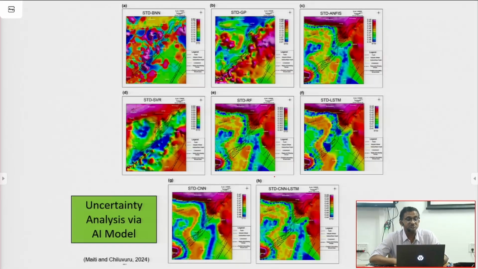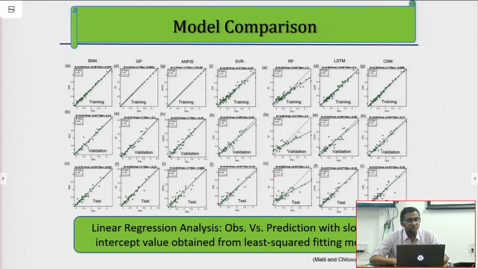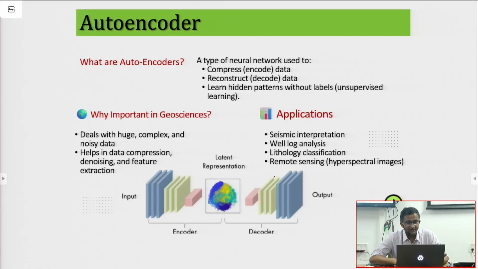You see there are 8 models that have been compared, so they have been learned in different ways. Although the other parameters, the training sample, the number of data during training, validation and testing, we kept the same, so that the competition is very fair among these machine learning models. So this is one example where we have seen and compared it.